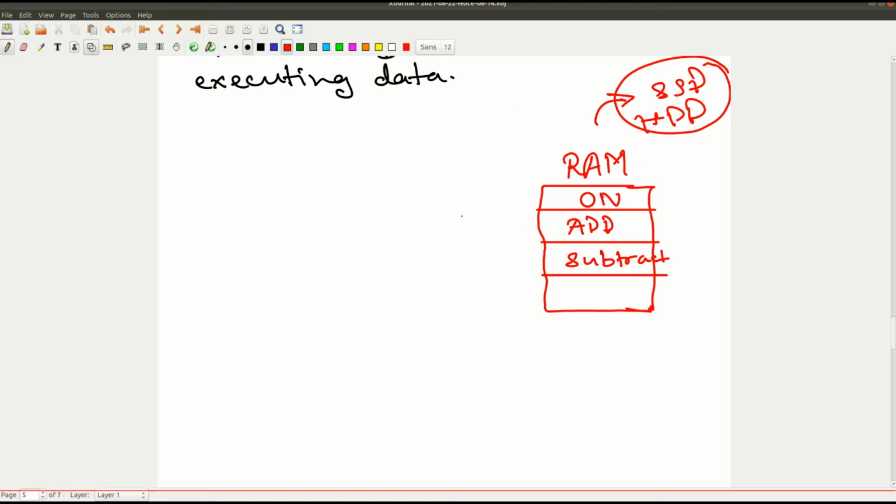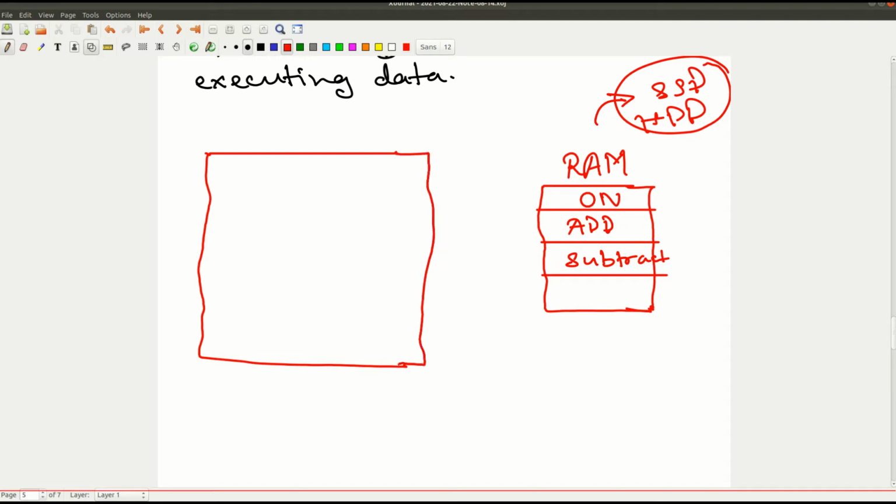And then what happened? We have a CPU. So where is the CPU? This is the CPU, okay? This is a central processing unit. Inside CPU we have a control unit, and the other one is arithmetic logic unit, just ALU, I just put it short.